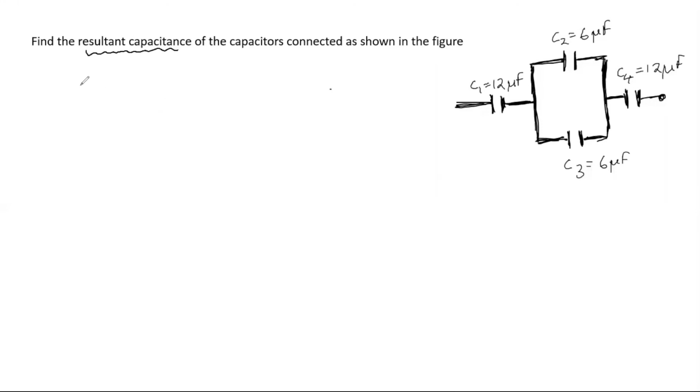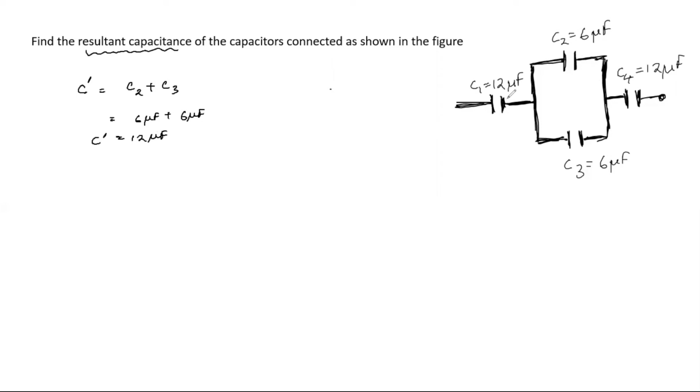So let's find our effective capacitance for this parallel arrangement. Let's say that it is C dash. C dash is nothing but C2 plus C3, which is 6 microfarad plus 6 microfarad, around 12 microfarad. So that is C dash.